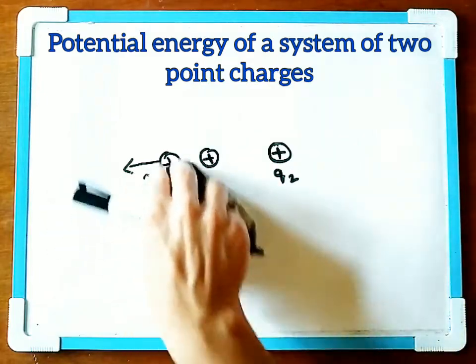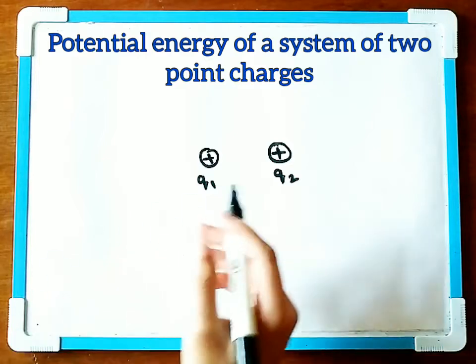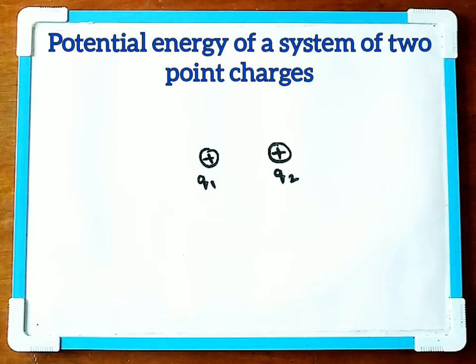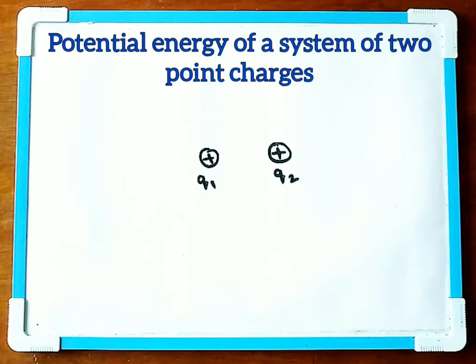I'm displacing the two charged particles against some force, in this case the repulsive force. Since I'm displacing it against some force, there will be a potential energy in this system of 2-point charges. So that if I release it, again these two will be repelled from one another. So that is the concept of potential energy of 2-point charges.